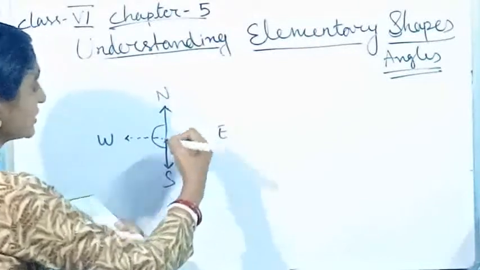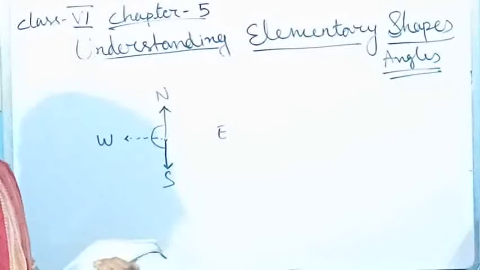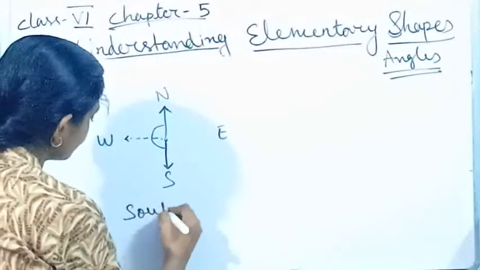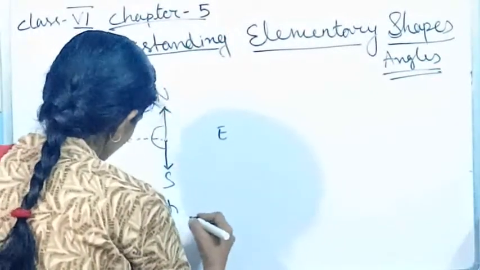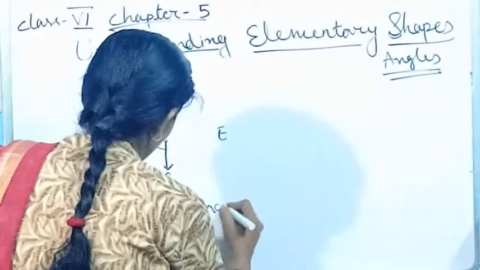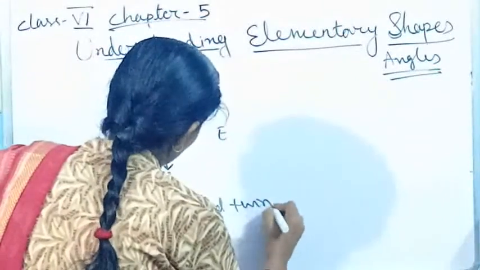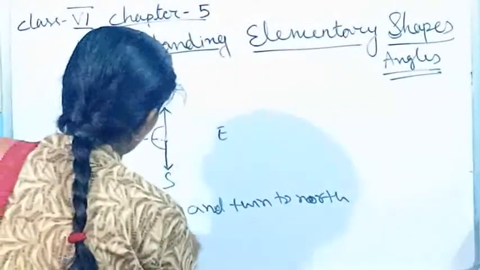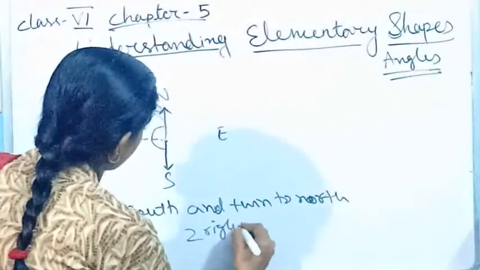So when you are starting from south and turn to north, here you have covered how many right angles? Here it will be 2 right angles.